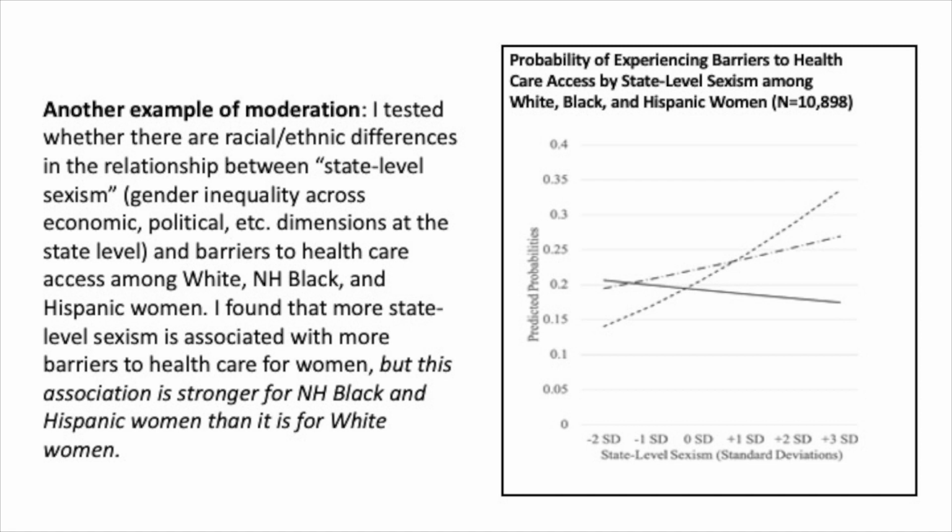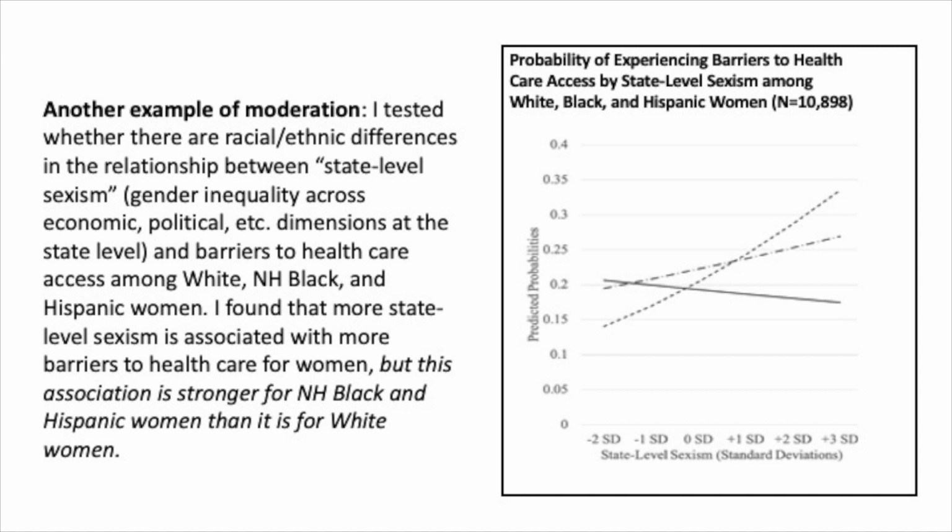And we actually found that more state-level sexism was associated with more barriers to healthcare for women, but this association was stronger for non-Hispanic Black and Hispanic women compared to white women. In fact, we actually didn't see a relationship between state-level sexism and barriers to healthcare access for white women. We only saw it for non-Hispanic Black women and Hispanic women.